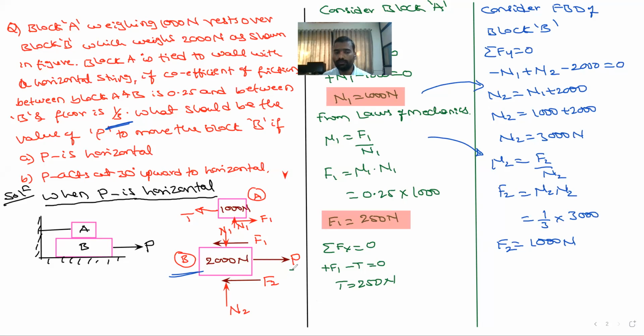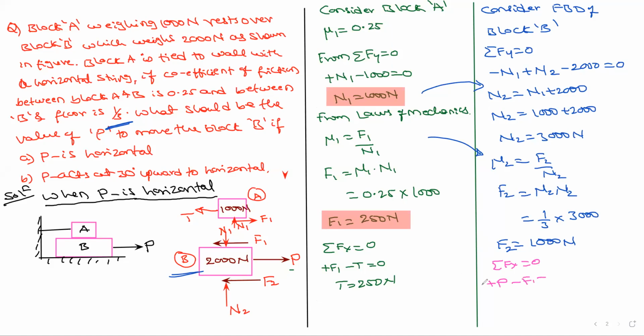So again you got the value of F2 and N2. Now you can find out the value of P. Sigma Fx is equal to 0. Plus P, minus F1, minus F2 is equal to 0.